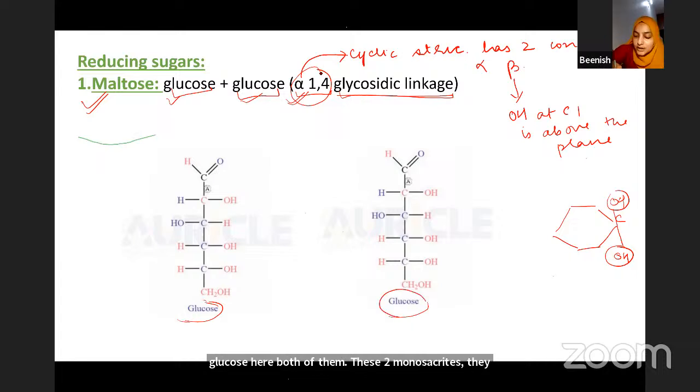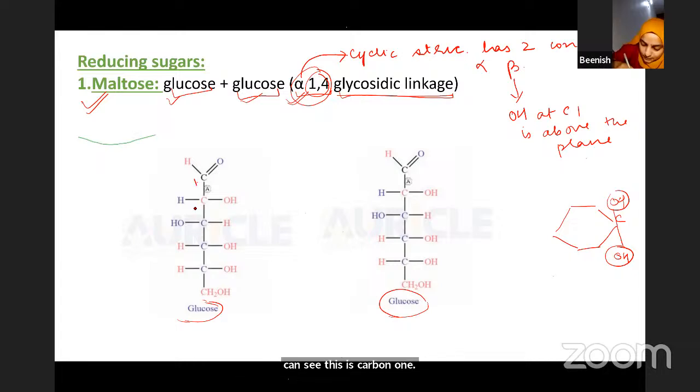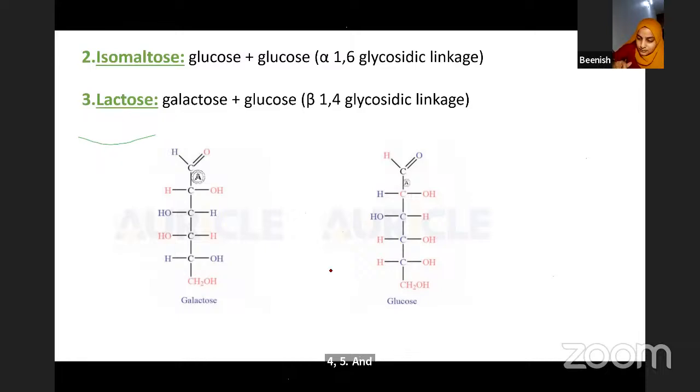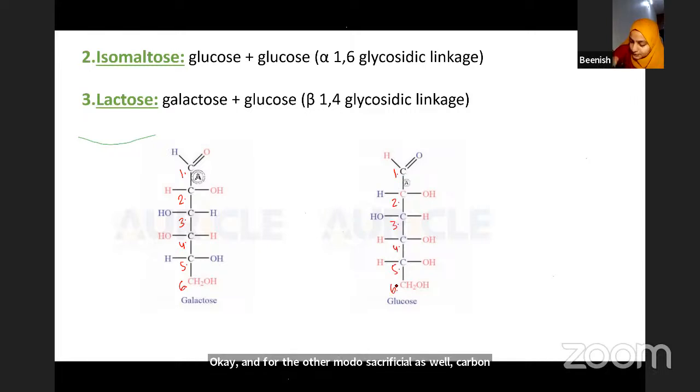Now, what are the carbons involved? They are 1, 4. So you can see this is carbon 1, carbon 2, carbon 3, 4, 5, and 6. And for the other monosaccharide unit as well, carbon 1, 2, 3, 4, 5, and 6.